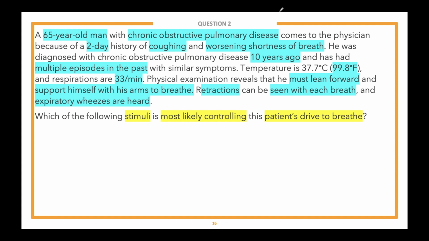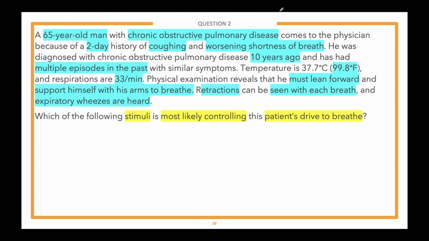Then we get to the lead-in, and it's asking about the stimuli most likely controlling the patient's drive to breathe. It's a uniquely worded question, so it's important to always take a second look at that. I think we've got a couple of steps here.